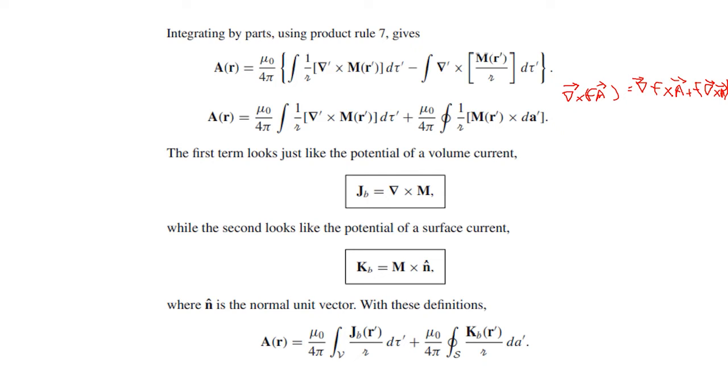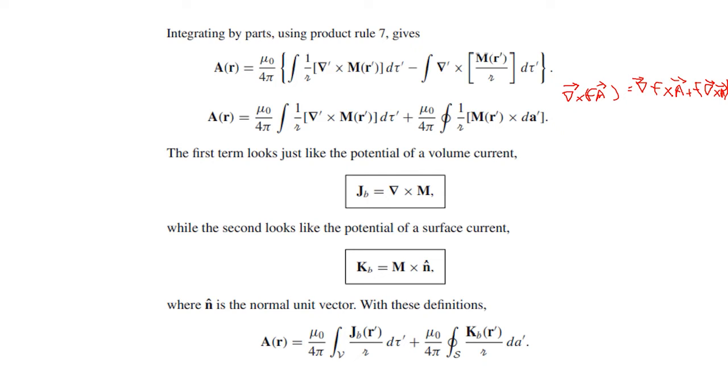The next step is A of r equal to mu naught by 4 pi integral of 1 by r del prime cross M of r prime d tau prime plus mu naught by 4 pi closed integral of 1 by r M of r prime cross dA prime. We have written this using product rule 7.